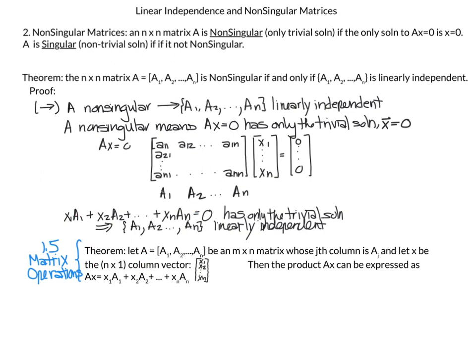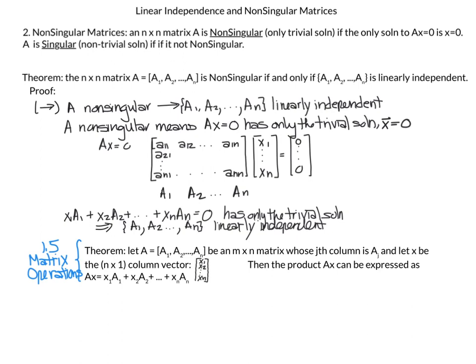This theorem is very straightforward, but you do have to know it, which is a good one to know. Here I have this expressed, and again, it's just a re-expression of this equation, which has only the trivial solution. So this expression has only the trivial solution, and by the definition of linearly independent, that means the vectors a1, a2 up to an are also linearly independent.